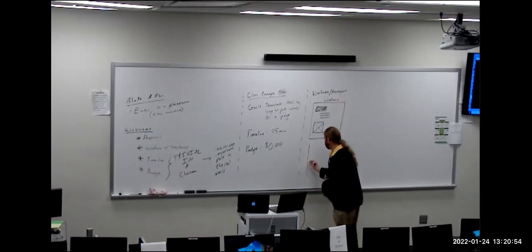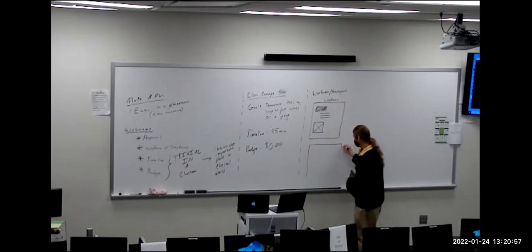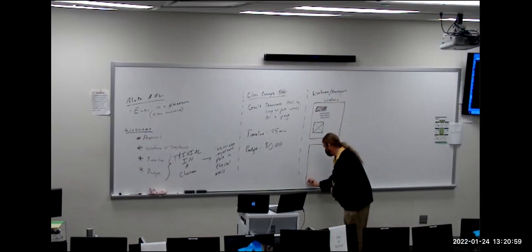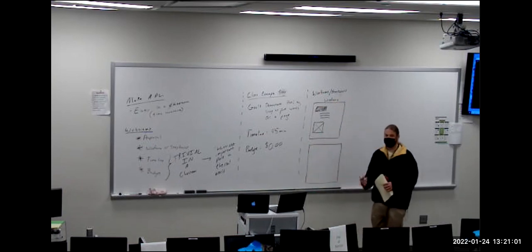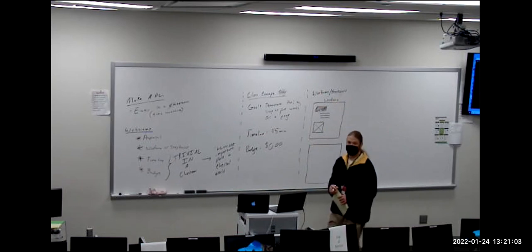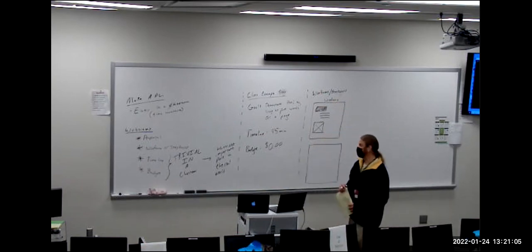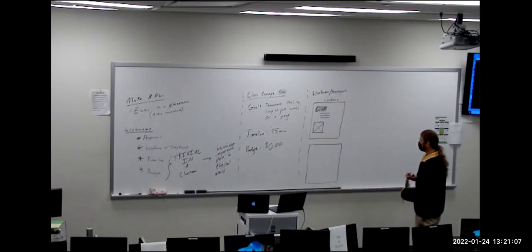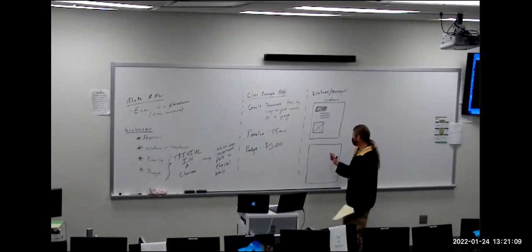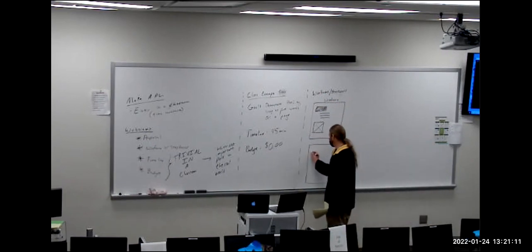And a storyboard has a few more details, often colors in it, but I didn't bring any colored markers today. I forgot I was going to draw some colored stuff, but it would have some sections. So up at the top here, it's like a header section.